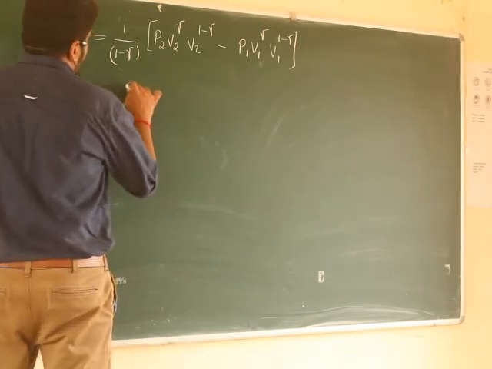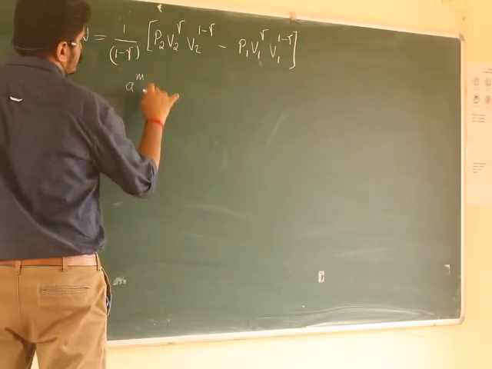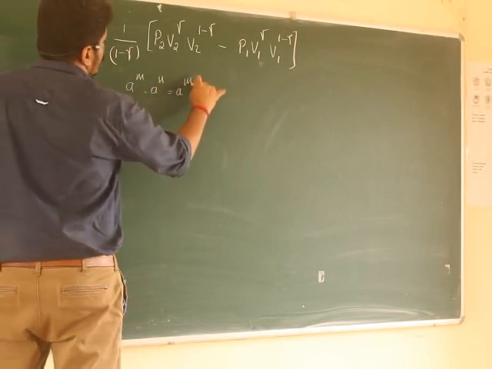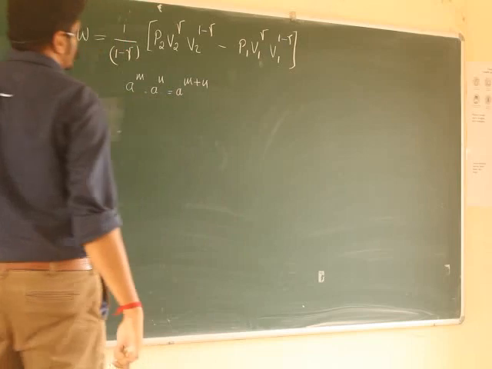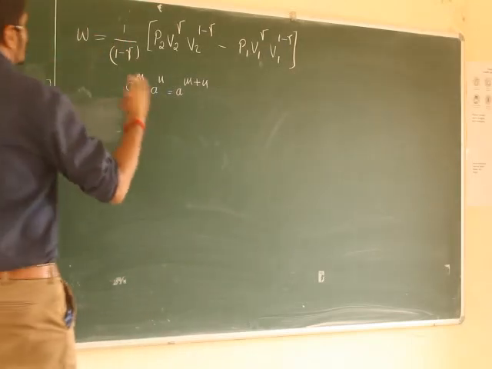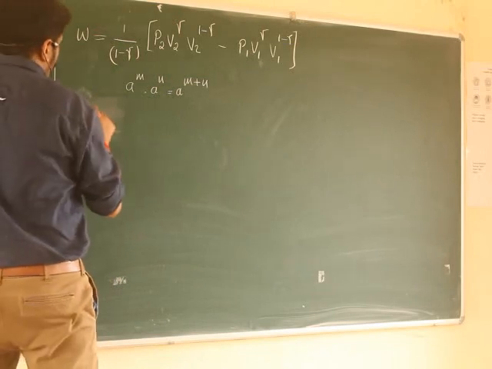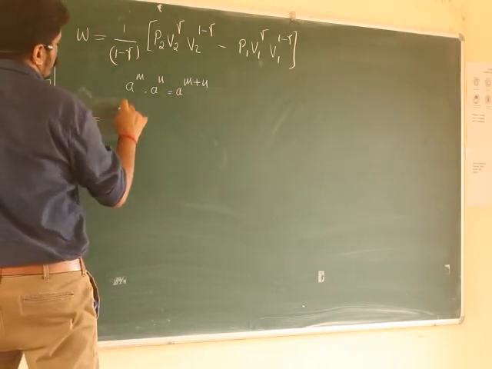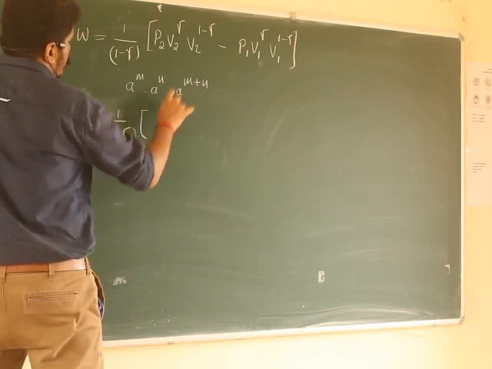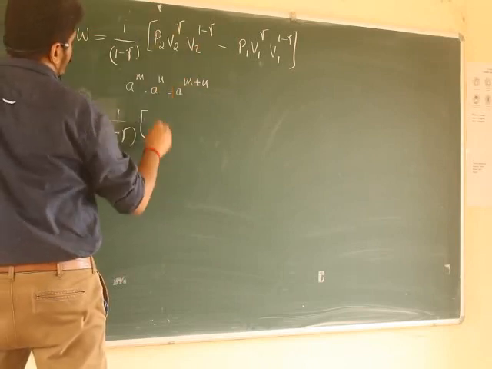You people know already that A power M times A power N is equal to A power M plus N. Correct? So let us substitute that. When you do that, what you get is W is equal to 1 by 1 minus gamma. So what it becomes?